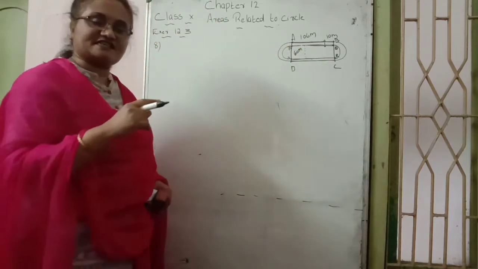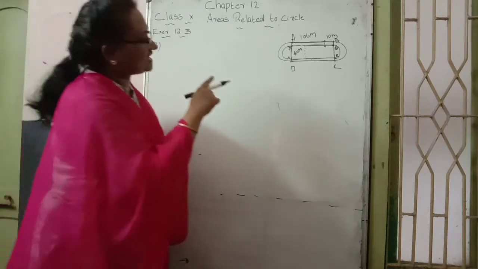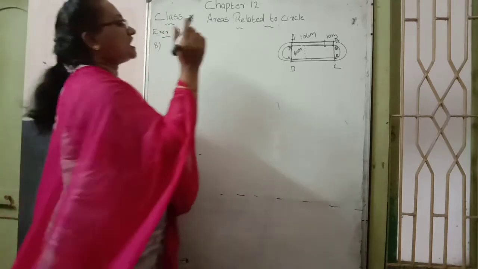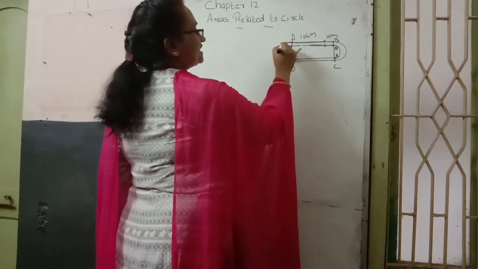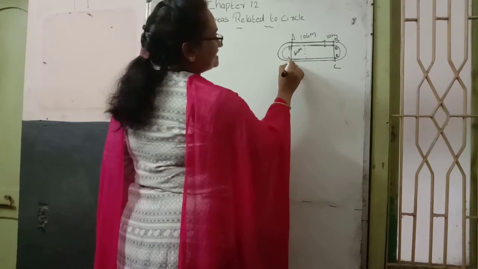The outer rectangle is ABCD, the inner rectangle is PQRS, and on the right and left sides there are two semicircles.